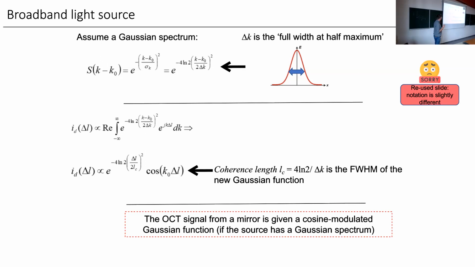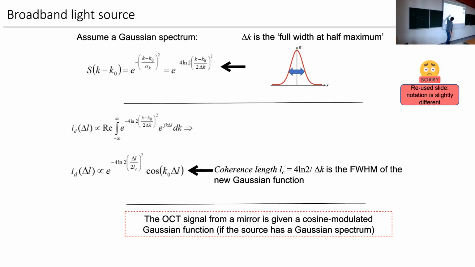This has become the way of characterizing the spectrum in OCT. Okay, this is my spectrum. These are the cosine terms, the parameter for each wavelength.